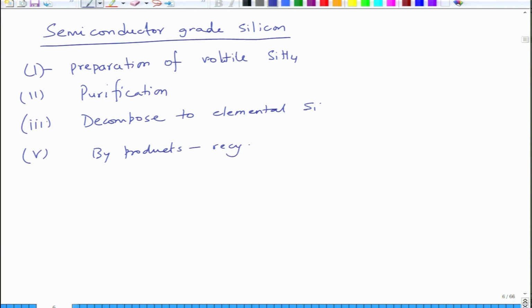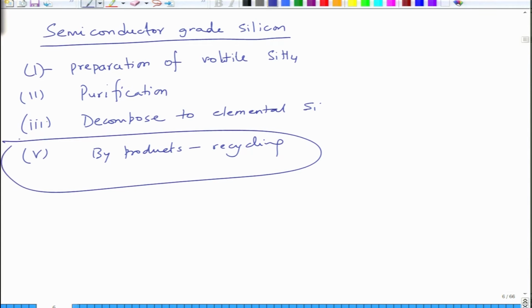It is not a part of the process as such, but you have byproducts which are recycled into these stages. Essentially you first make metallurgical grade silicon, then convert it into silicon compounds like silicon hydride, because remember, no matter how much liquid processing you do, you can't make very pure silicon.